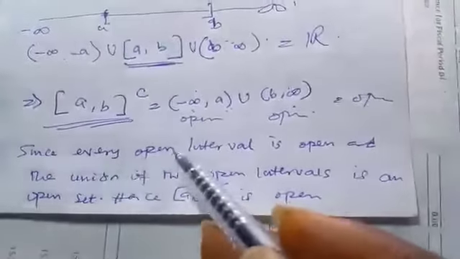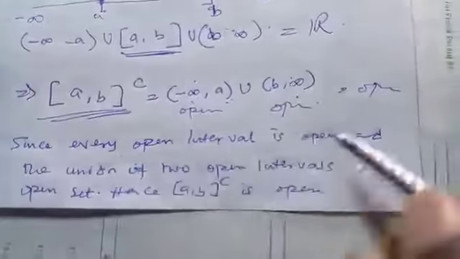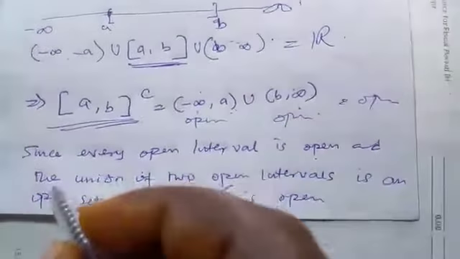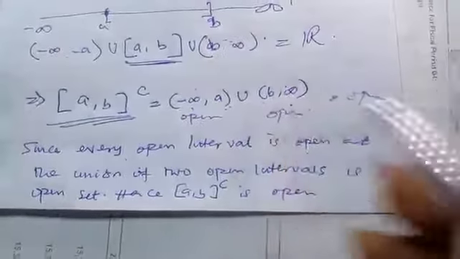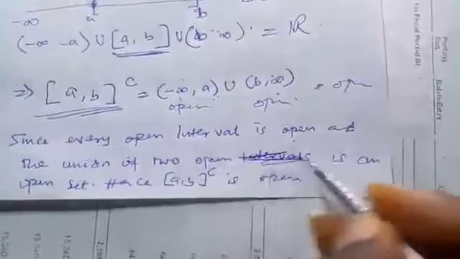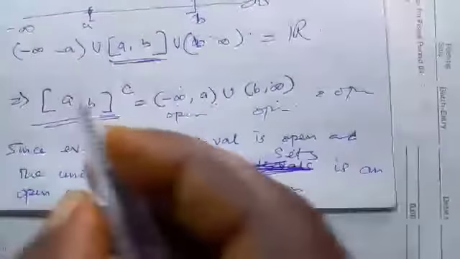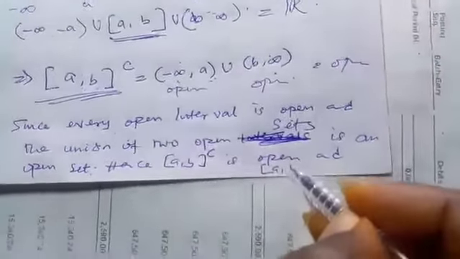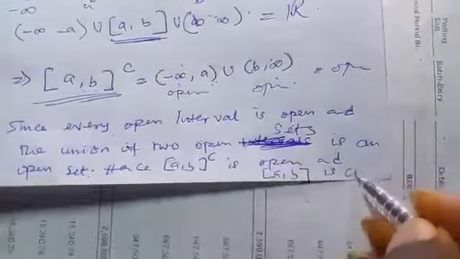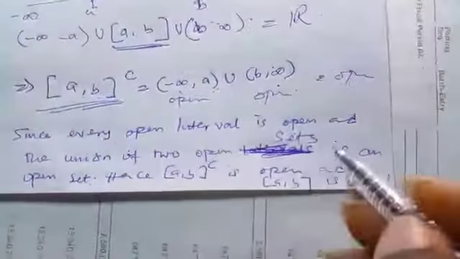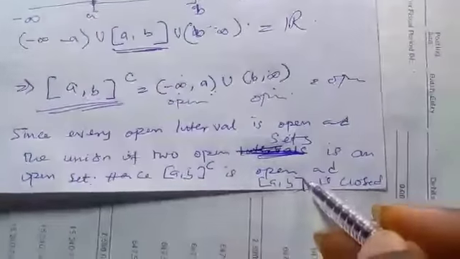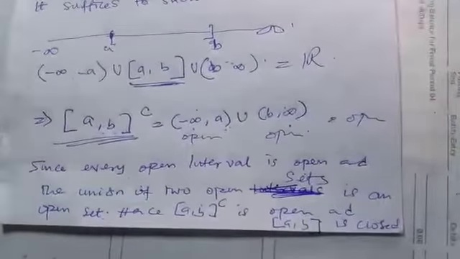We write it in a statement as: since every open interval is an open set, and the union of two open sets is open, hence this thing is open. So this complement is open, and then we can conclude that this is closed because its complement is open. Definitely this one will be closed, and that completes the proof.